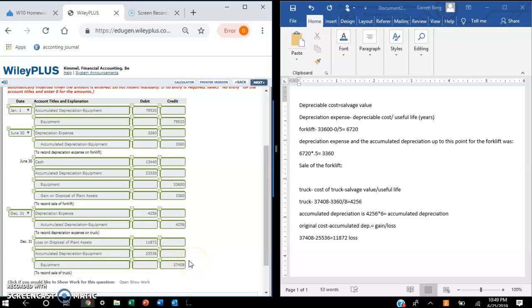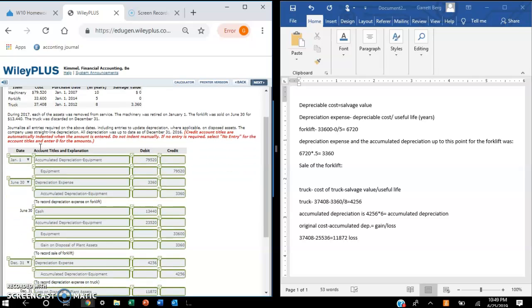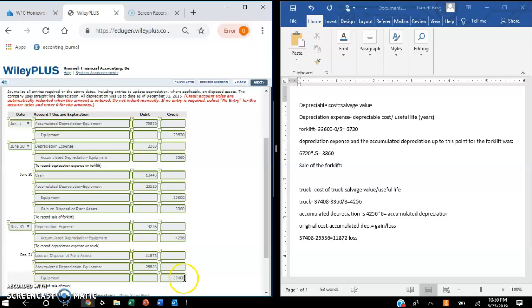So we debit that, and before I forget, we need to credit the equipment for the truck for how much we bought it for: $37,408. Then we need to look again for a gain or a loss on the truck.